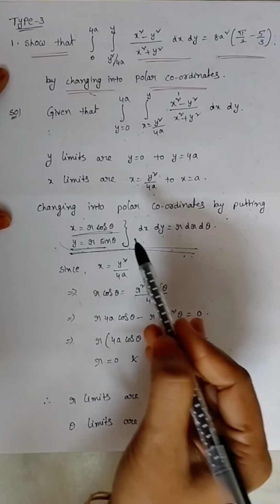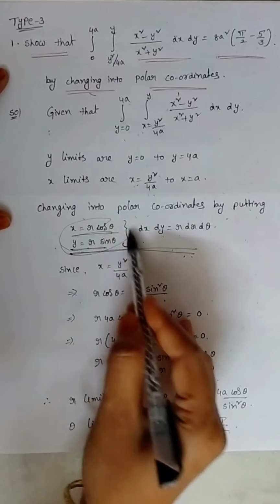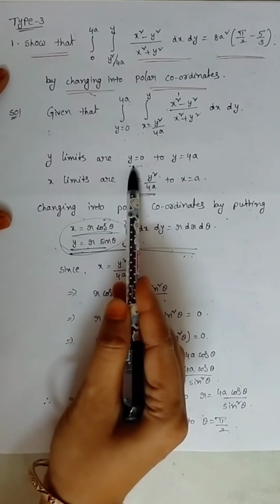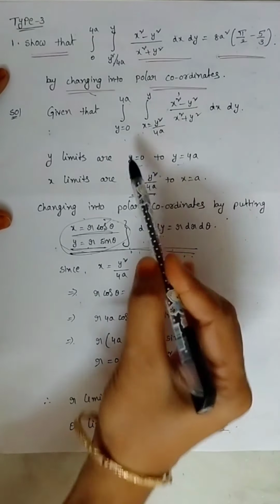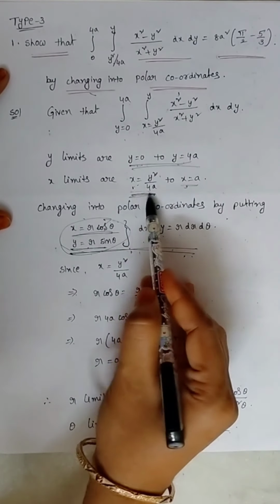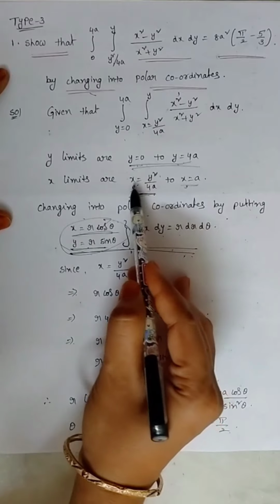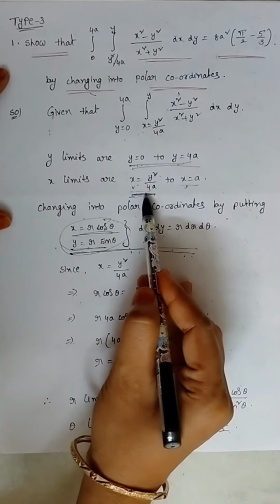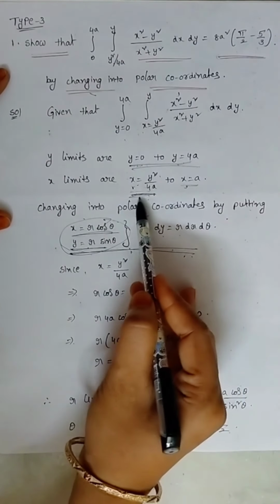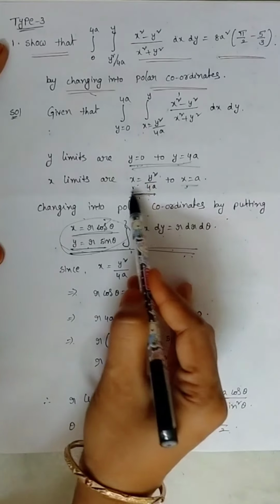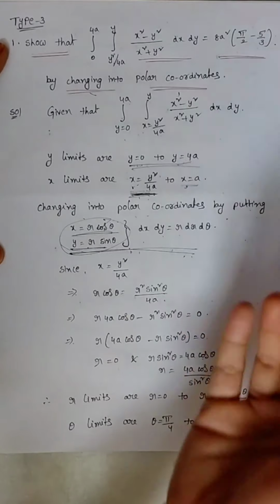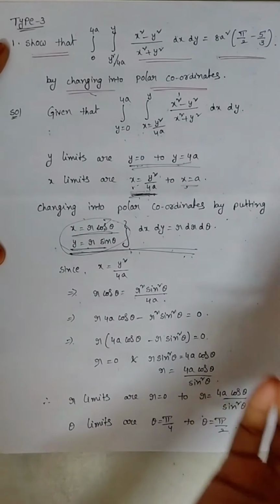In this case we have to substitute these values in one of the limits. y equals 0 and y equals 4a are constant limits, so we can't substitute there. But x equals y square by 4a is variable, so we substitute x value and y value here. From this we can find the r limits, and the theta limits from the region, in which quadrant it lies.